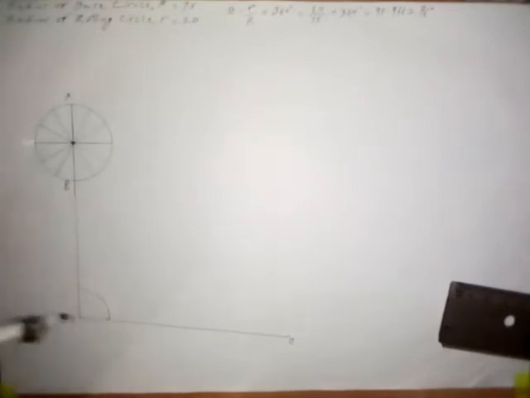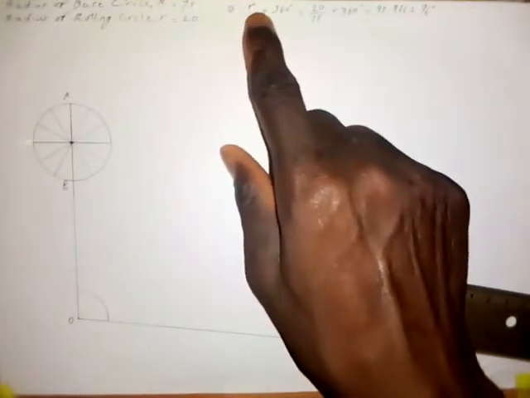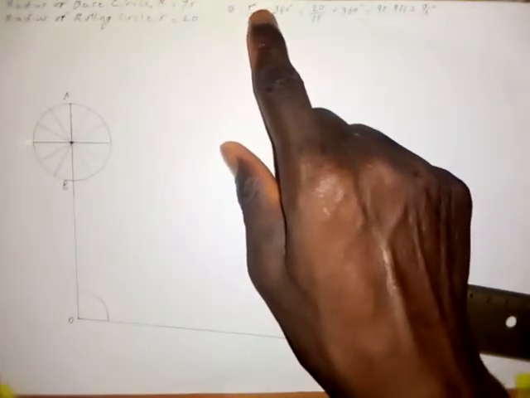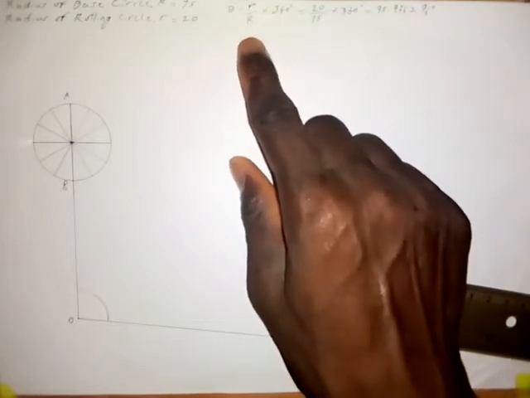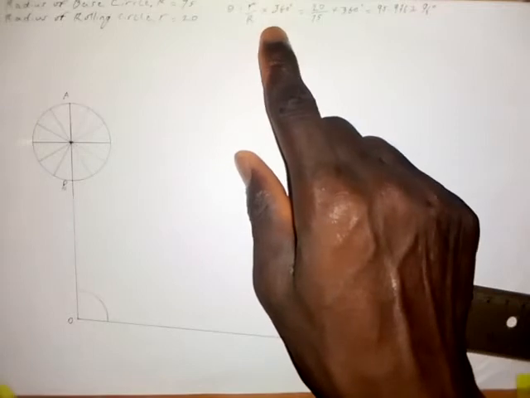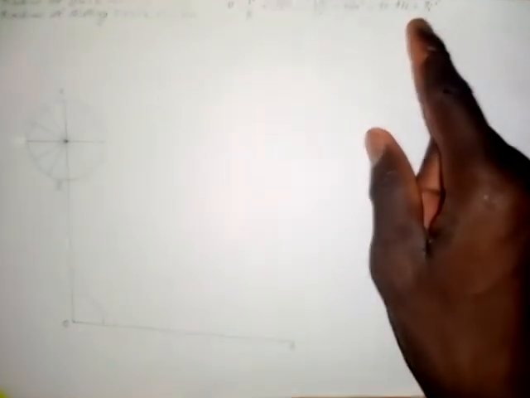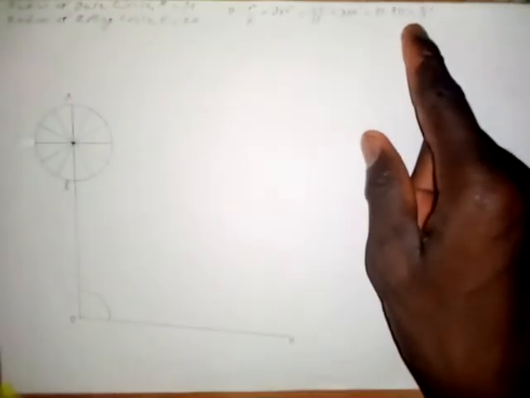So you need to calculate this angle before you can draw line OB. The angle is gotten by dividing the radius of the rolling circle by the radius of the base circle, multiplying the result by 360 degrees, which I have done here, and what I got approximately is 96 degrees. The angle is 96 degrees.